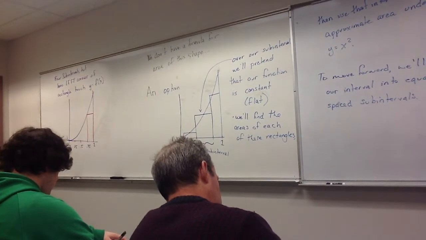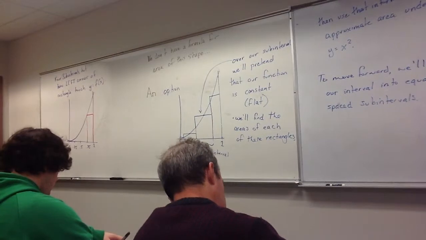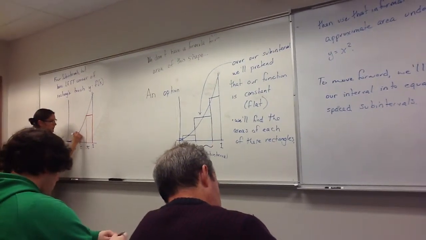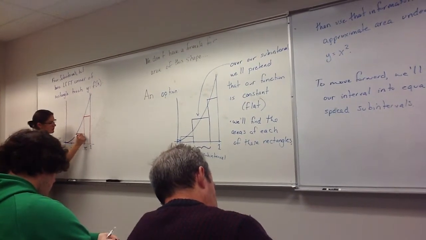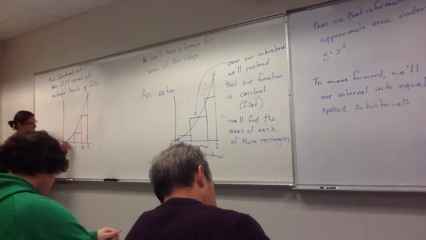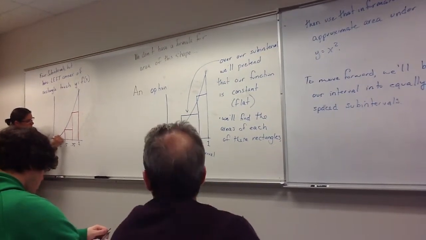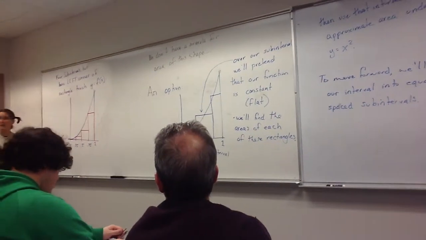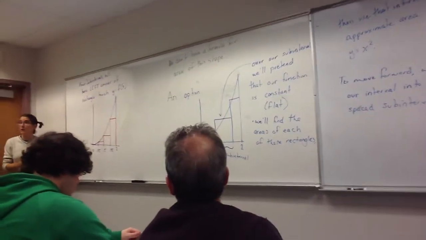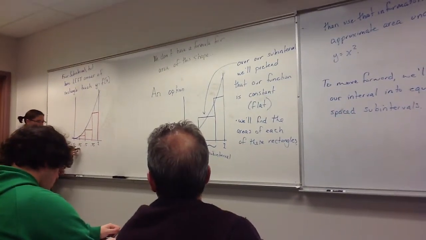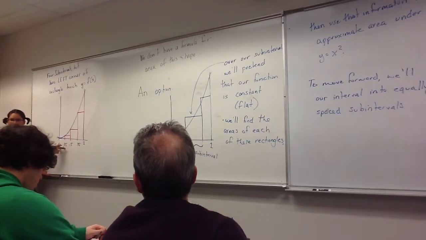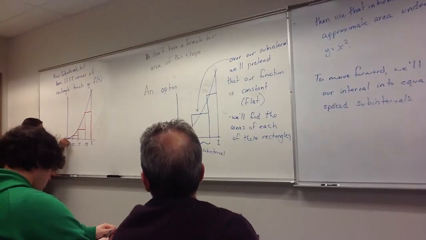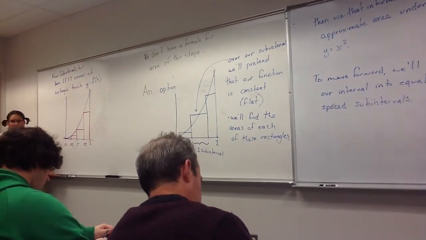So that's my first rectangle touching the function on the left-hand corner. And then my second one. And my third one. Now my very last rectangle is kind of a funny one, right? Because on the interval from 0 to 0.25, the left-hand corner is right where the function is touching the x-axis.